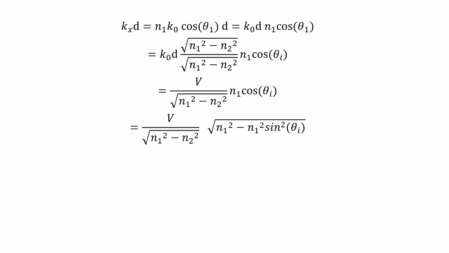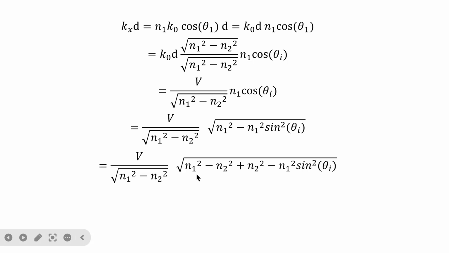Now, the square root expression in here and the square root expression on the bottom can be combined together, and then we will add n2 square and then minus n2 square for the top expression. Essentially you can find that the first two terms are exactly the same as the bottom one.